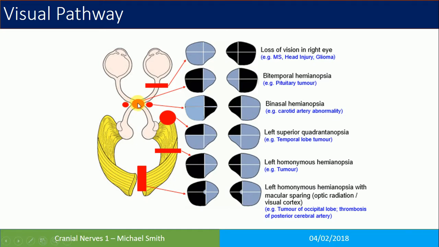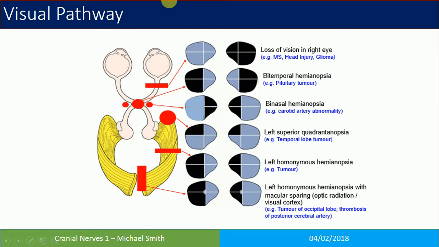So we then travel back to our thalamus, where we'll synapse at our lateral geniculate nucleus. We then, from our lateral geniculate nucleus, have our optic radiations.